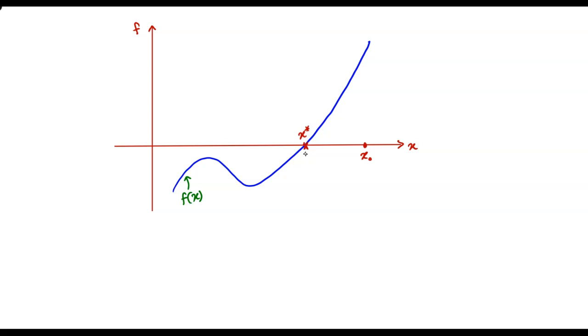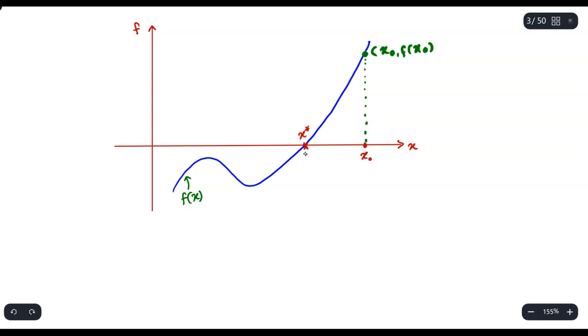Corresponding to this x naught, we know that somewhere at the top here, at this point, the location is x naught, f(x naught), because when x is x naught, the value is of course f(x naught).